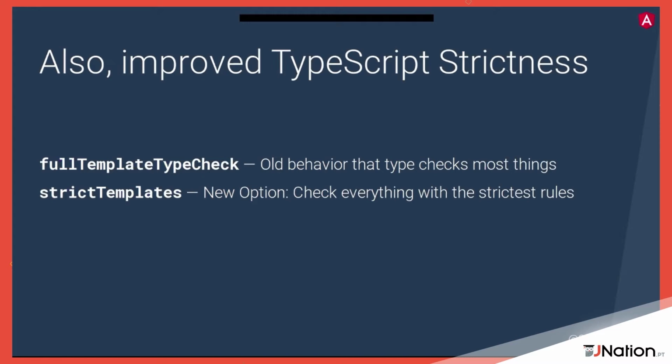So not only does it allow you to do full template type checking, so we check the entire template, so everything in dynamic code, ngIfs, ngFors, all those sorts of things, ng-templates, but we also apply a level of strictness that can correspond with the same sort of strictness that you'd expect from something like TypeScript, where you can turn on and off even more strict flags. And so an example of that here is that a lot of people don't know that, for example, a click event doesn't actually return the target as a DOM node.